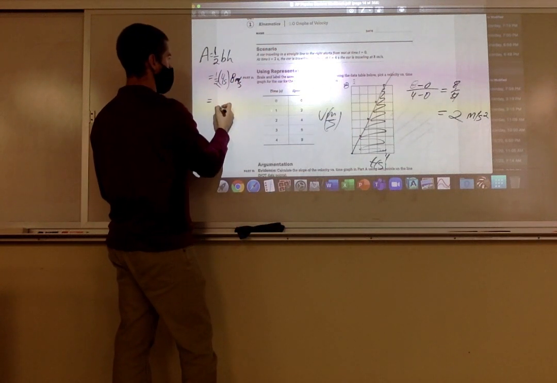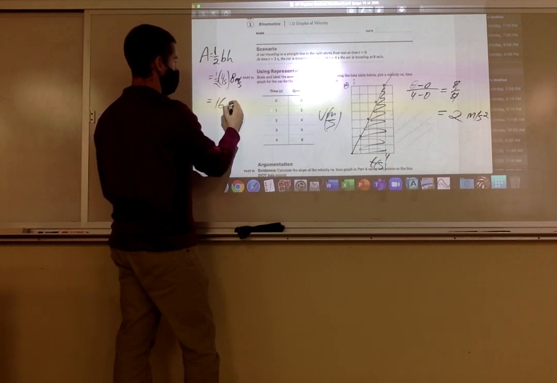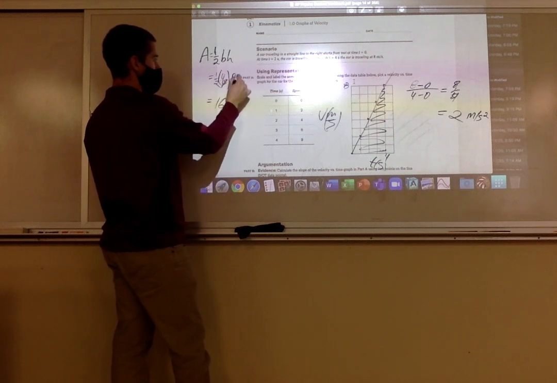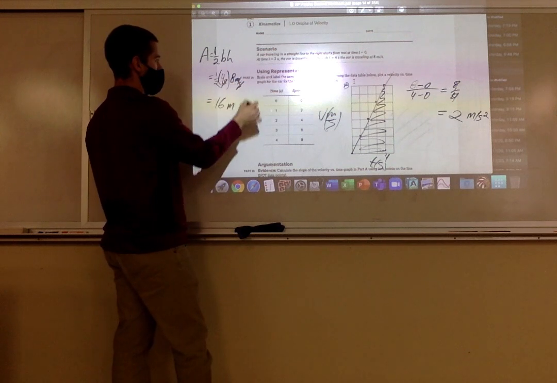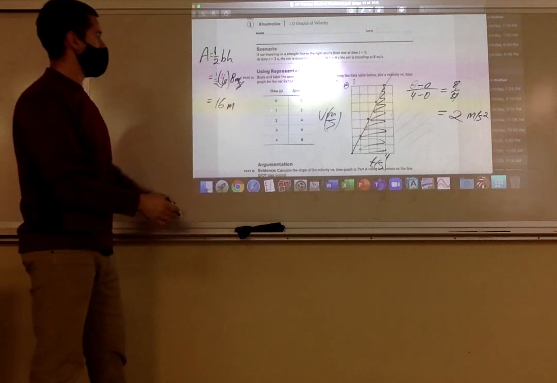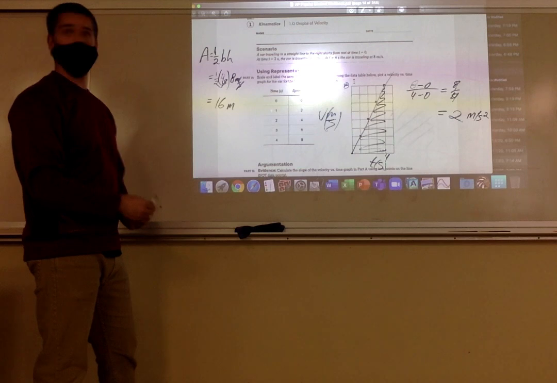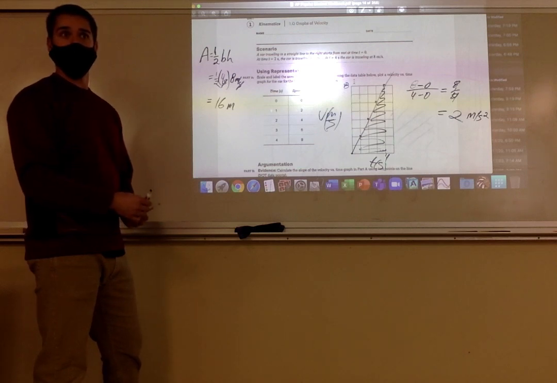Right? You see the seconds cancel out. Meters per second times second. Well, those are both numerator and denominator. 16 meters. Right?